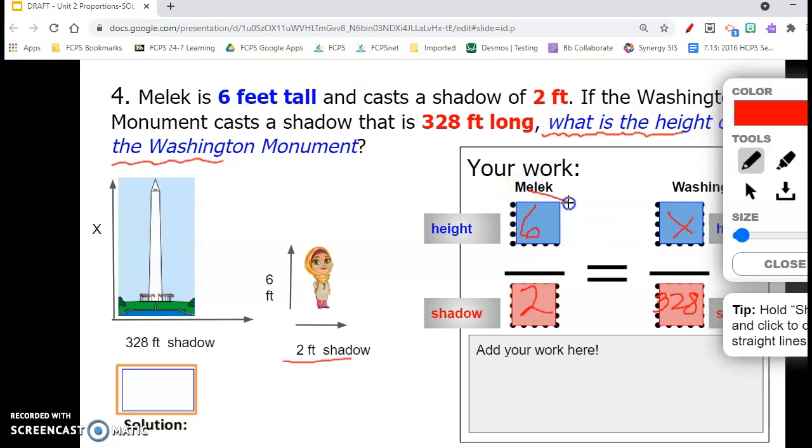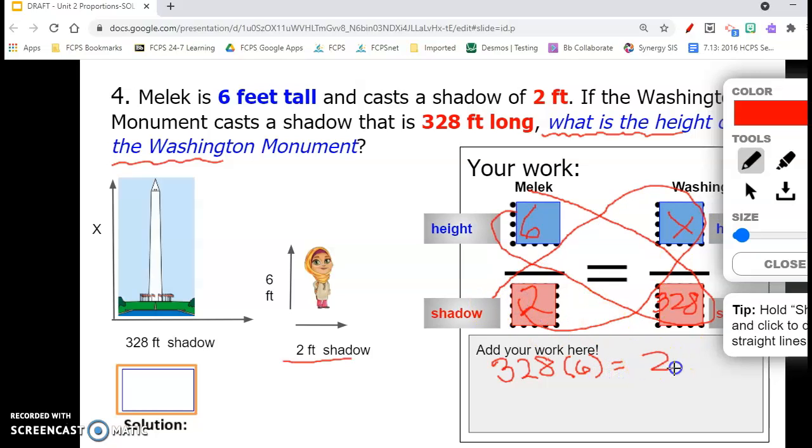We're going to cross multiply. So that's 328 times 6 equals, circle that over there, 2x. We're going to multiply 328 times 6.